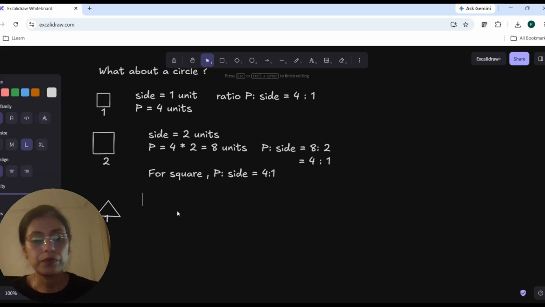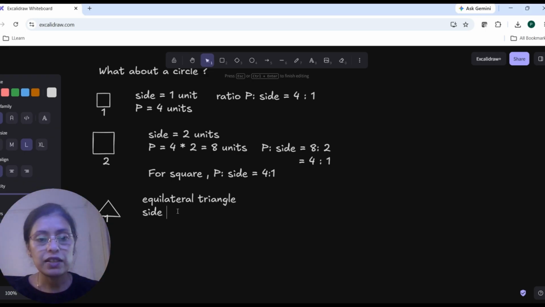So this is an equilateral triangle, side 1 unit. So what will the perimeter be? 3 into side. So it becomes 3 units.